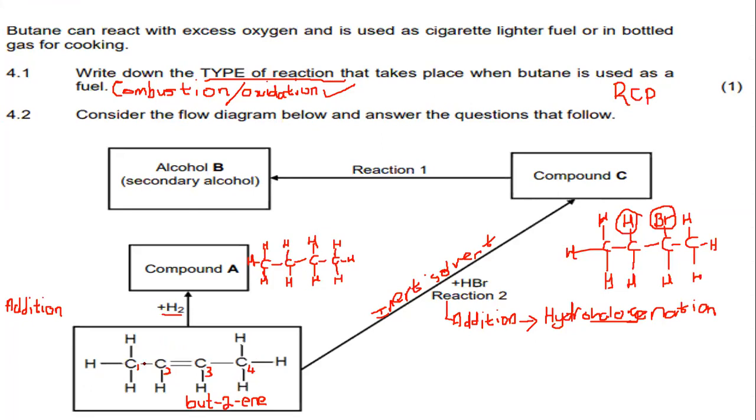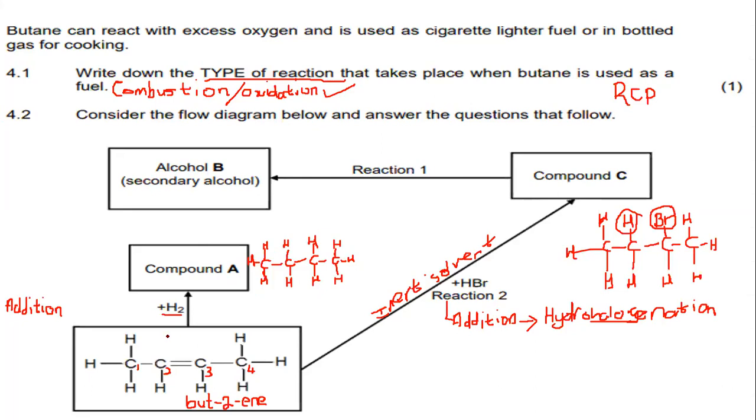The hydrogens in the reactants, I have 1, 2, 3, 4, 5, 6, 7, 8, plus this 2, it will make it 10. Then here I have 1, 2, 3, 4, 5, 6, 7, 8, 9, 10. Altogether, my learners, as a result, I can see that it is balanced.